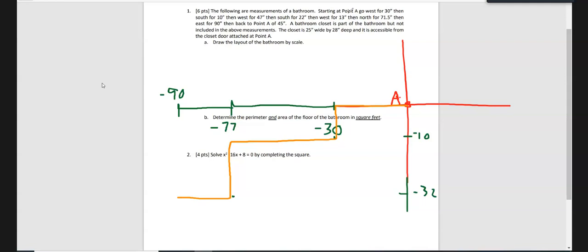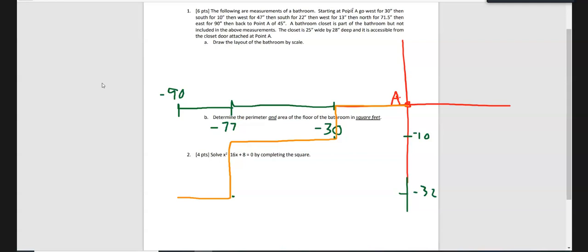Okay, south for 22, west 13, north 71.5 inches. Who makes drawings like this? So I'm at 32. So that'd be negative 32, and I'm going to go up 71.5.